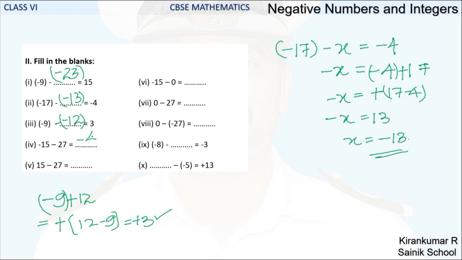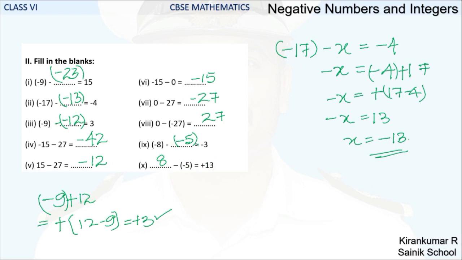The answer for the fourth one is minus 42. You can cross check it. The answer for the fifth one is negative 12. The answer for the sixth one is minus 15. The answer for this is minus 27. The answer for this is positive 27. The answer here is negative 5. The answer for this is positive 8.